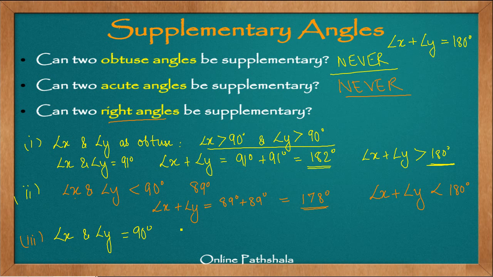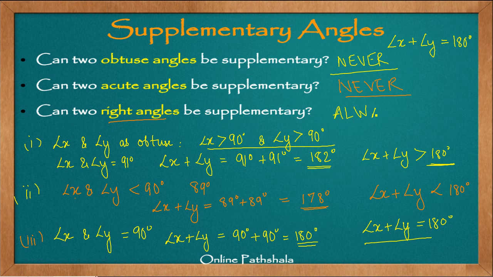In this case, if we add these two angles, angle X plus angle Y equals 90 degrees plus 90 degrees, that gives us 180 degrees, which satisfies our criteria of angle X plus angle Y equals 180 degrees. So if we have two right angles, then they are always supplementary to each other.